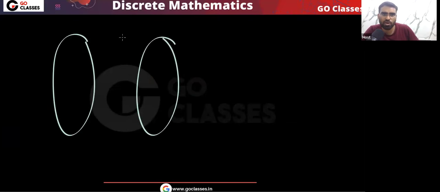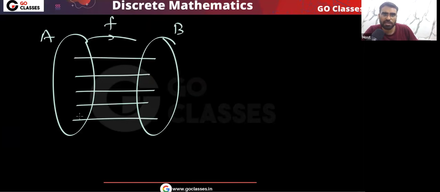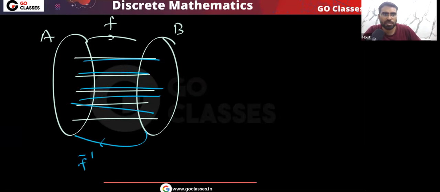Okay, very simple, because see, if F is one-to-one, then the reverse mapping will be one-to-one or not. Let me know. The reverse mapping is also one-to-one. Agree with me? See, F is one-to-one, then this reverse mapping will also be one-to-one.